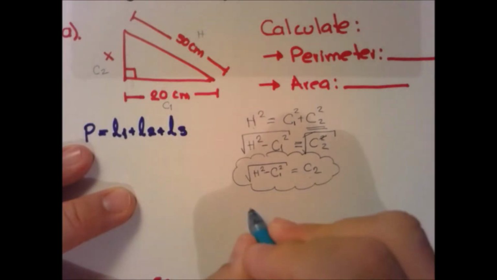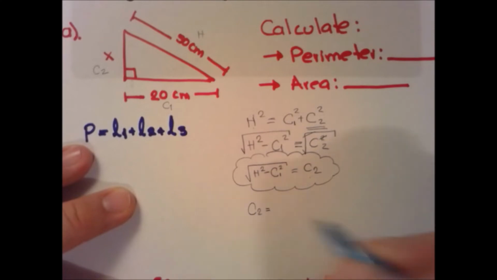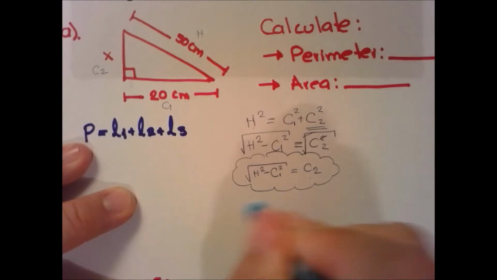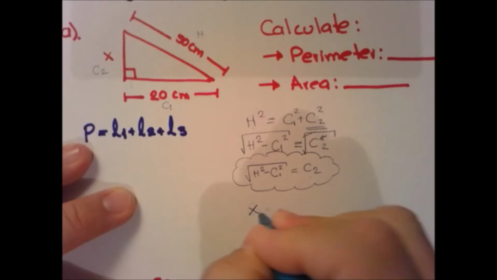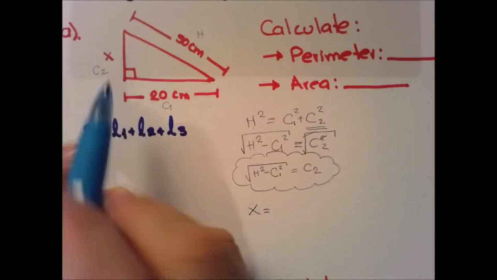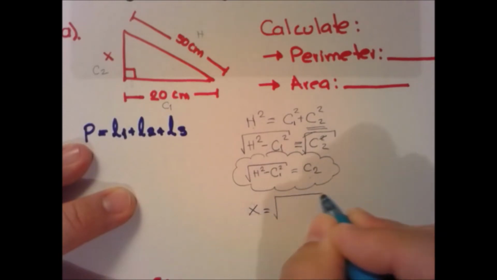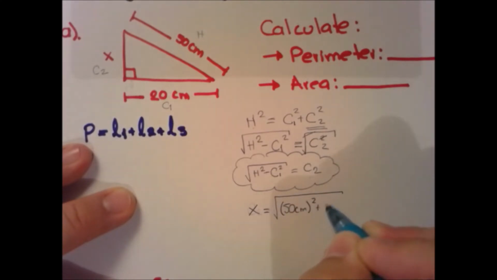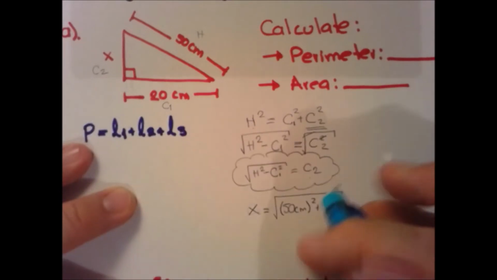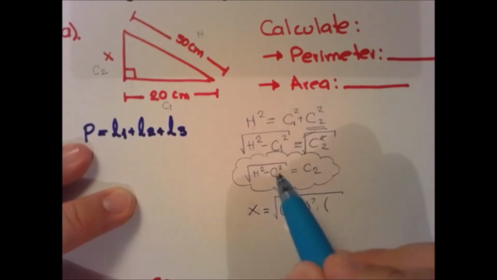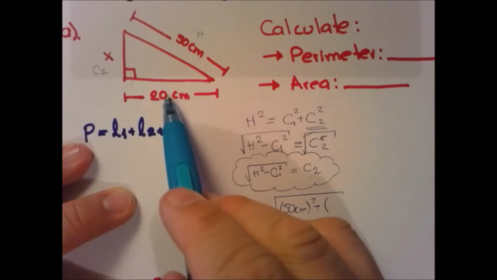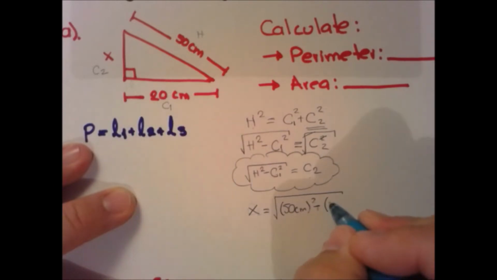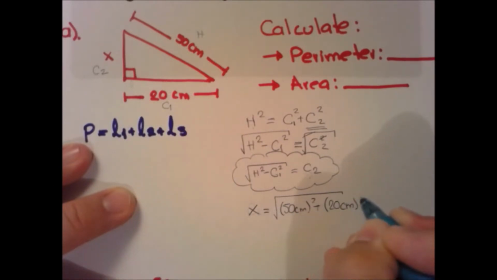Okay, so cathetus number 2, that is this one, or instead of calling it cathetus 2 you can call it x, because this is the x side, is equal to the square root of 50 centimeters squared, plus, sorry, in that case it's not plus, it's going to be minus the first cathetus length, that in that case is 20 centimeters squared.